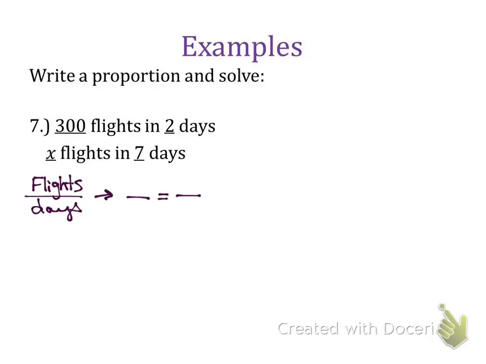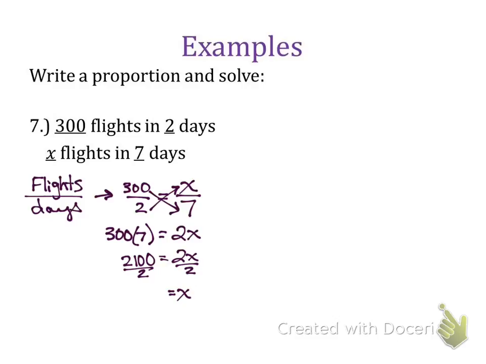In the first fraction, I'm going to have 300 to 2 days. Notice how these two relate to each other. And then I have X amount of flights in 7 days. Now that I have a proportion, I'm going to cross multiply and divide. So, wait a second. If I get 1,050, what is that in relation of?